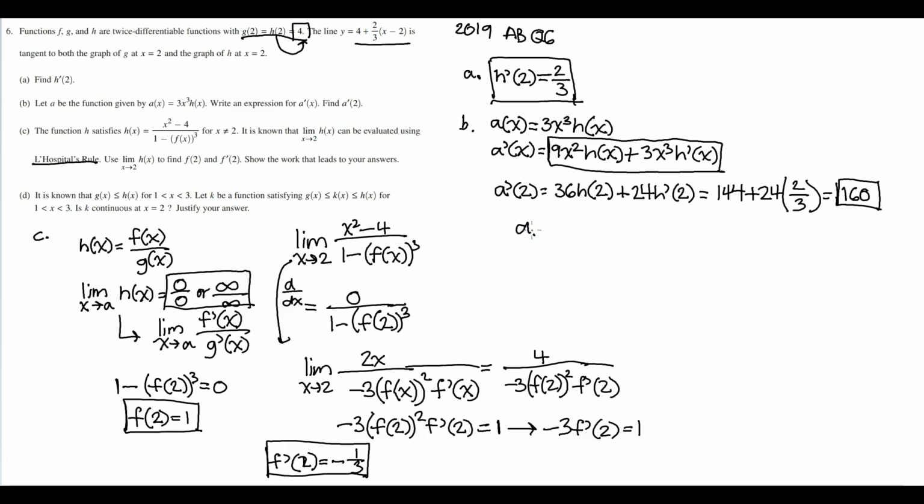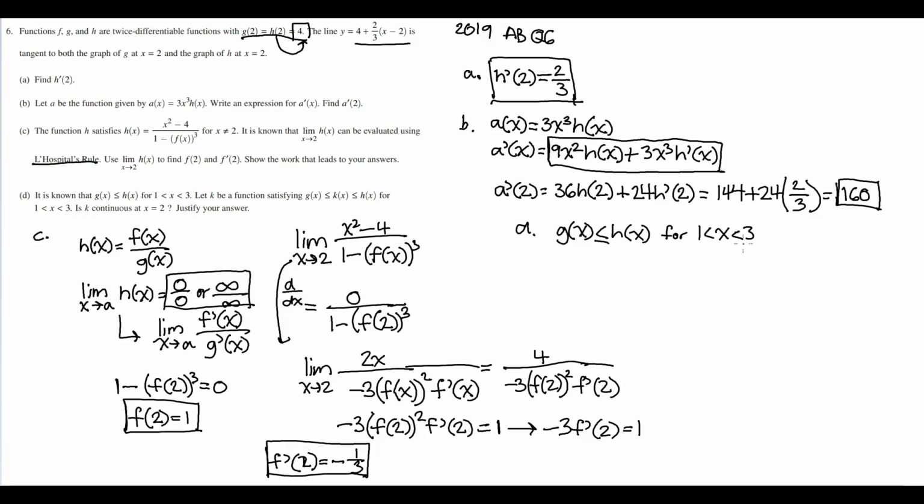Now part D. It is known that g of x is less than or equal to h of x, for 1 less than x less than 3.